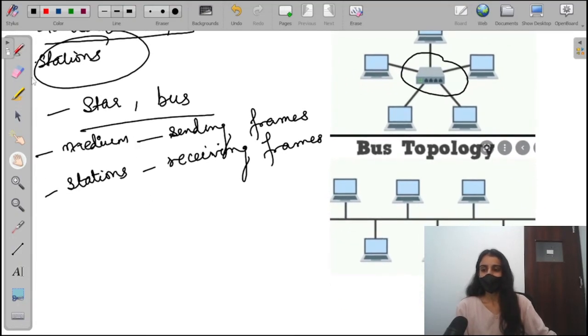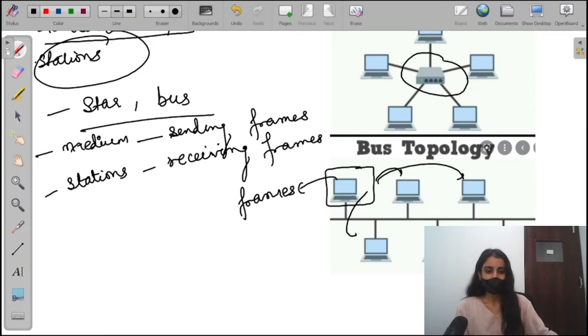Suppose this station is sending a frame. All the other stations would get the frame, but only the real destination needs it.